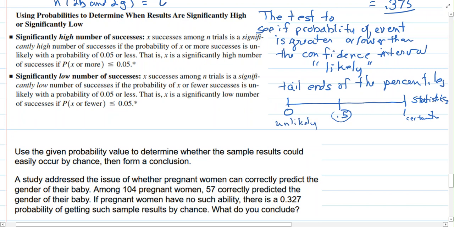So if the data that we're evaluating is on the low, then right here is 0.05 for this position. So if it lies in here, it is significantly low. Well, over here is also 5%. This one, I have to put it as the area in this section, 5%. Then it is significantly high.